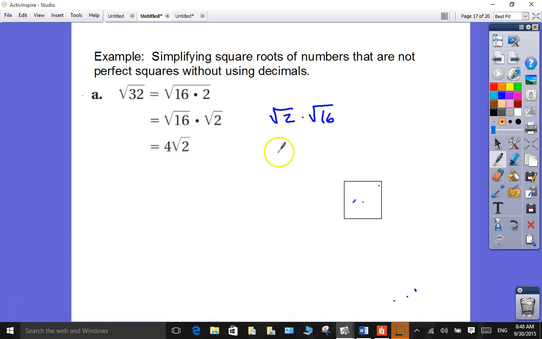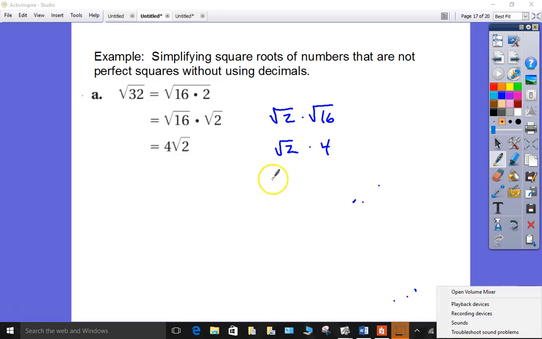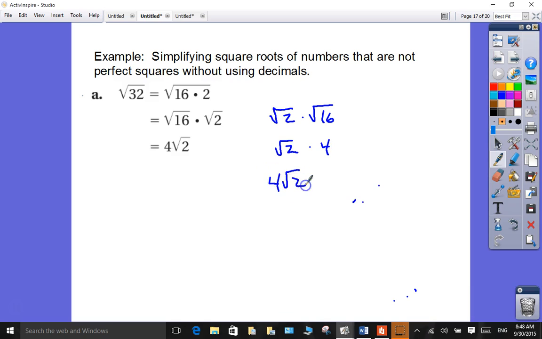So it's still root 2, and then you would have times 4, but we always write the square root last, making the 4 a coefficient: 4 root 2. So you can't flip where the 2 and the 4 go. That means something different. You could switch the order of the radicals. That's the commutative property. I think I have one more, and then we're done.